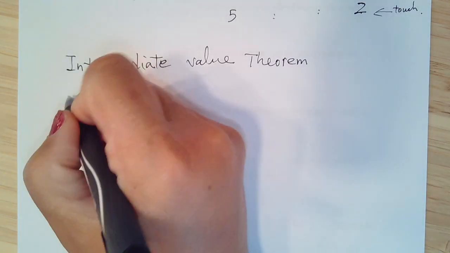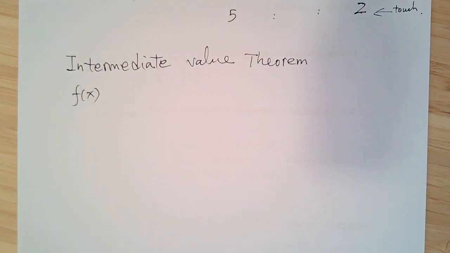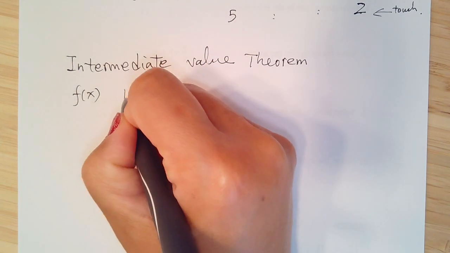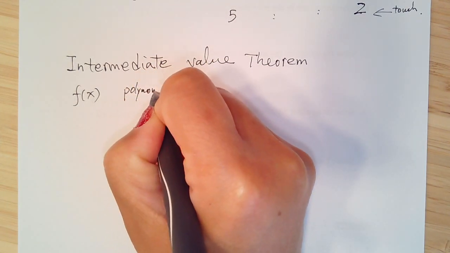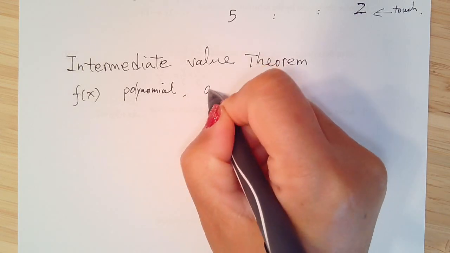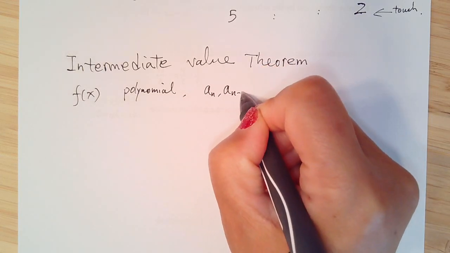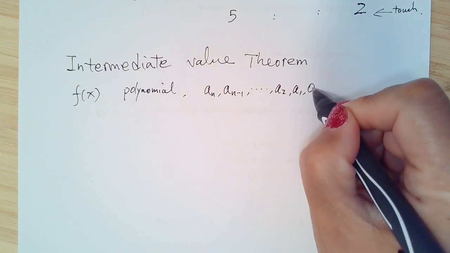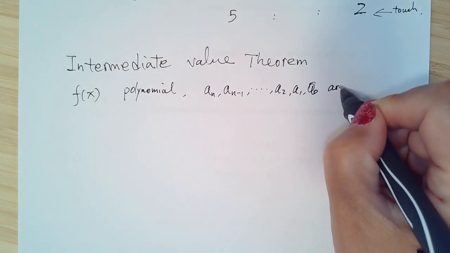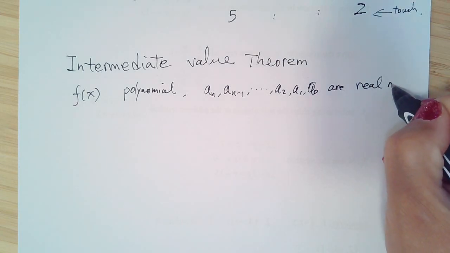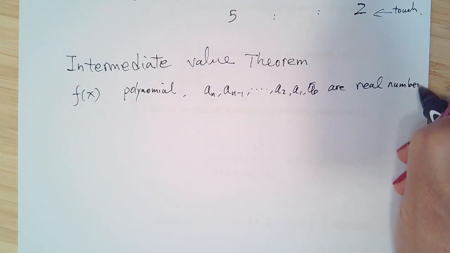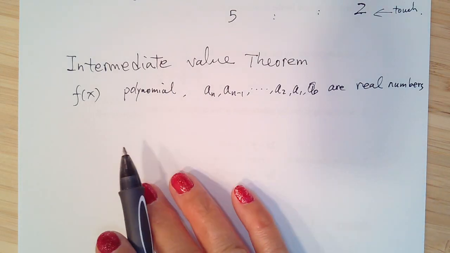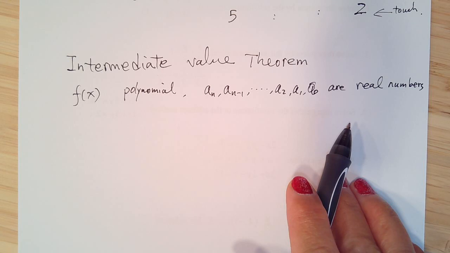Okay, so f of x is a polynomial function with real coefficients, with a_n, a_n minus 1, and all the way to a2, a1, a0, they are real numbers. Even if some of them are 0 because you're missing some term, they're all real numbers. So that means all the terms have a real coefficient.